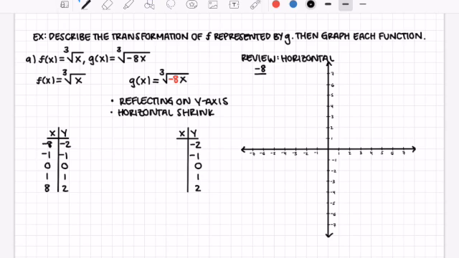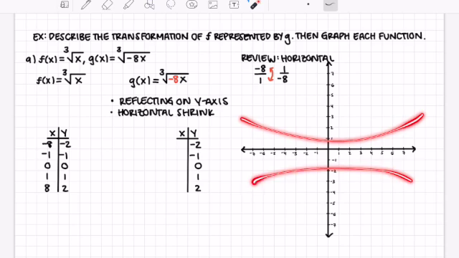So instead of it being -8/1, you need to flip it around so that it is 1/-8 instead, because we have specifically a horizontal shrink or stretch. And so if I'm dealing with a horizontal shrink or stretch, I always want to deal with my x values because we're stretching horizontally.